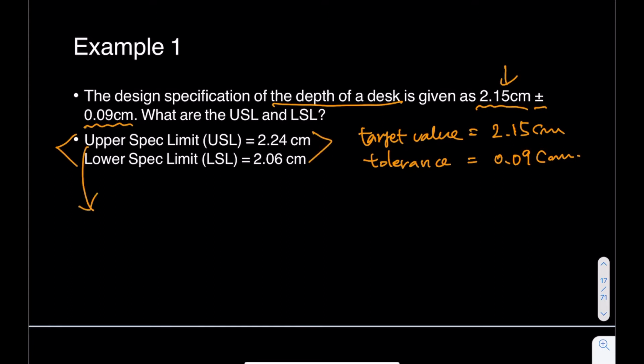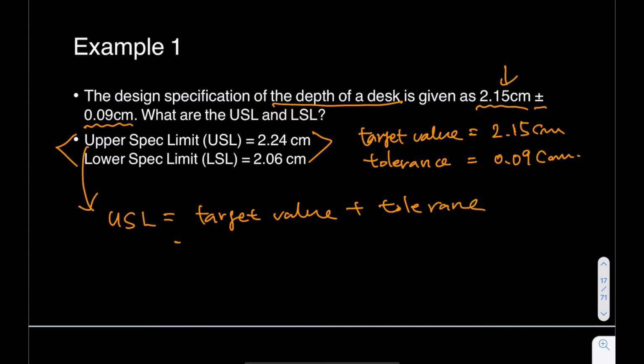Upper specification limit, USL, equals target value plus tolerance. Therefore, it is 2.15 plus 0.09, and this will give you the answer 2.24.